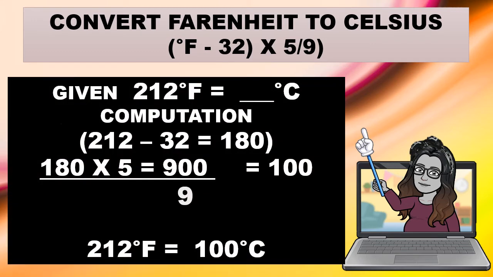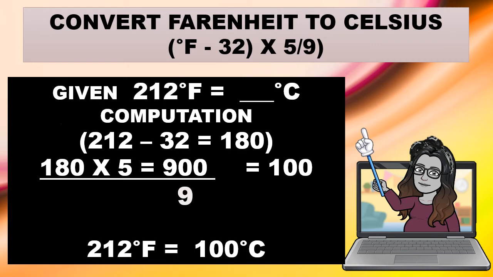Let us have our example. The given is 212 degrees Fahrenheit. Let us find out its equivalent in degrees Celsius. Computation: 212 minus 32 is equal to 180.